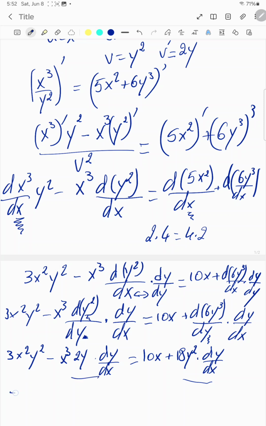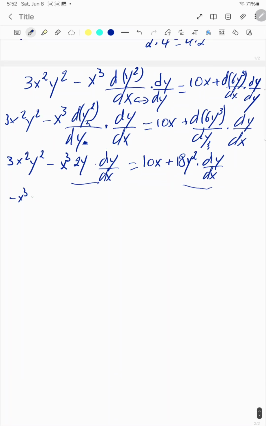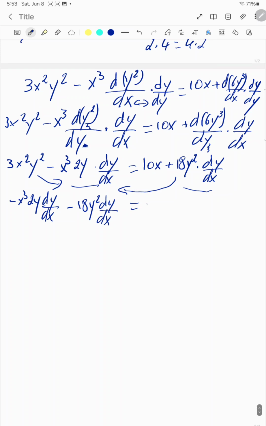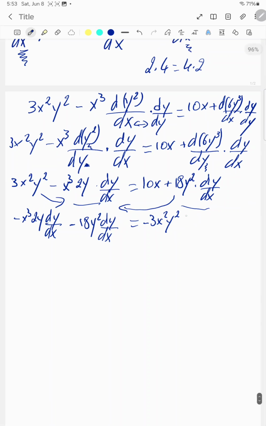So I will keep minus x to the power of 3 2y dy divided by dx, and I will bring this to the left hand side, so it becomes minus 18y to the power of 2 dy divided by dx equal, this will go to the right hand side, minus 3x squared y squared, because I changed the sign when it moved from one side to the other, plus 10x.